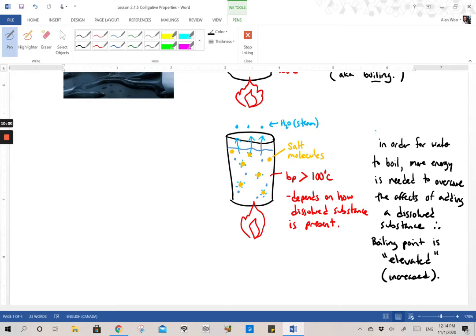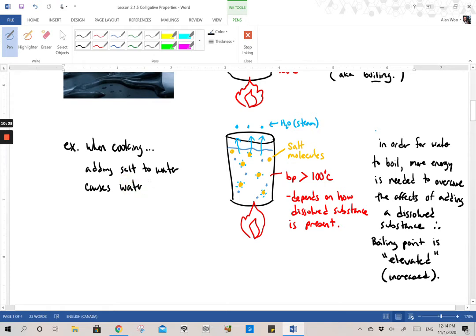Okay, so for example, when cooking, adding salt to water causes water to be at a higher temperature than 100 degrees Celsius.